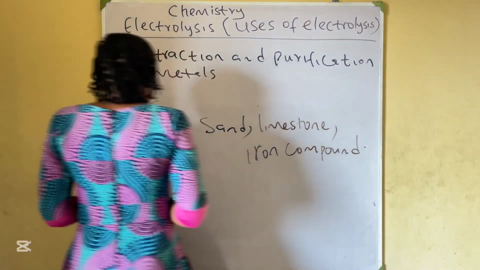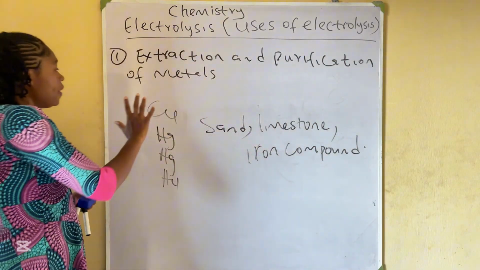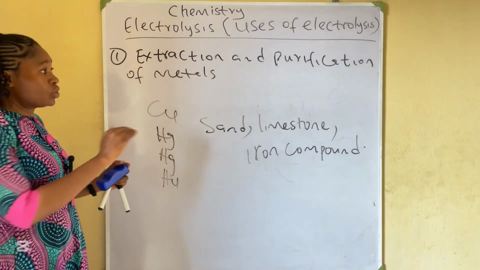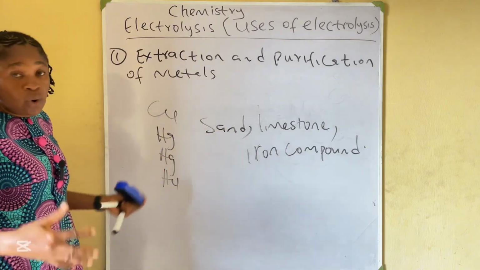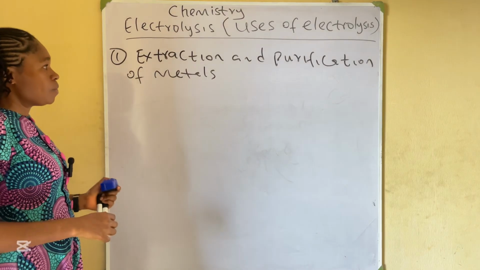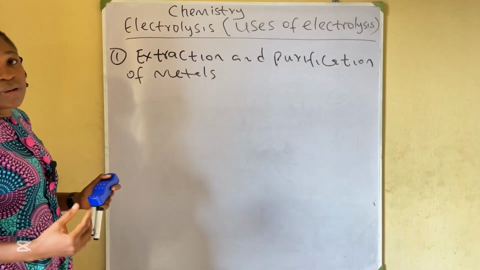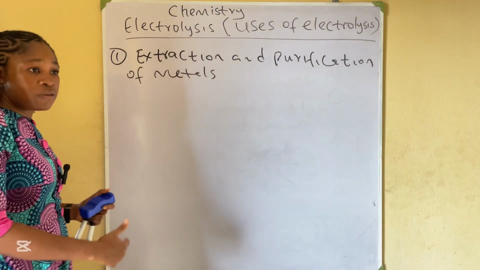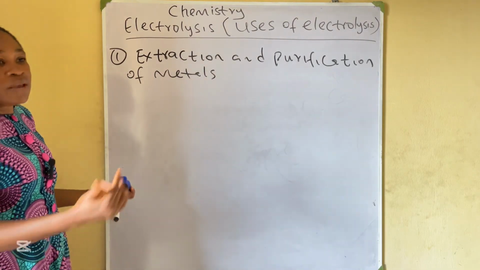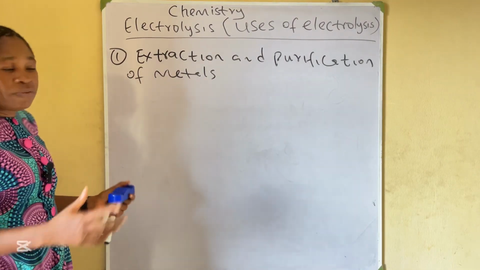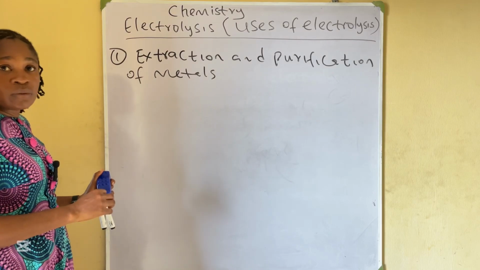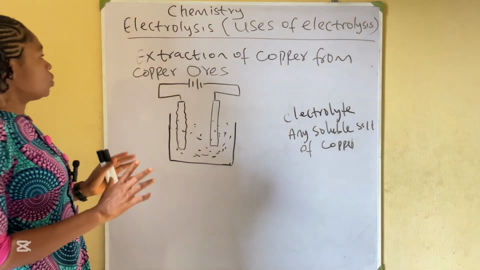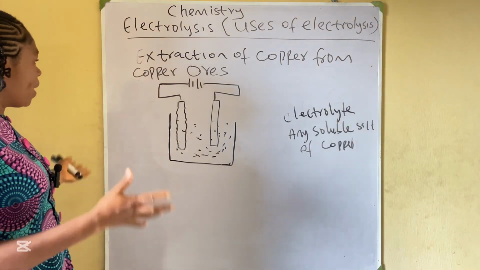Let's look at extraction and purification of copper from copper ores. The same goes for purification of mercury from mercury ores, silver from silver ores, and gold from gold ores.